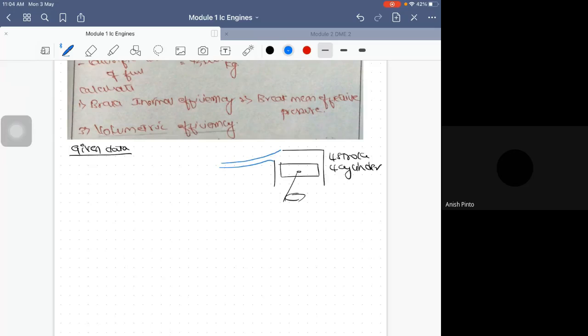The air flows with the help of the inlet. Now, in order to measure the air flow rate, there would be an orifice connected. So this particular thing is an orifice meter. I think you have learned this in your fluid mechanics, am I right? About the venturi meters, about the orifice meters.